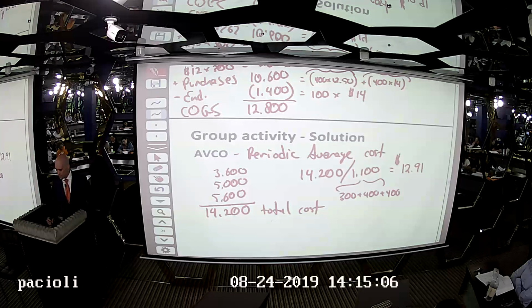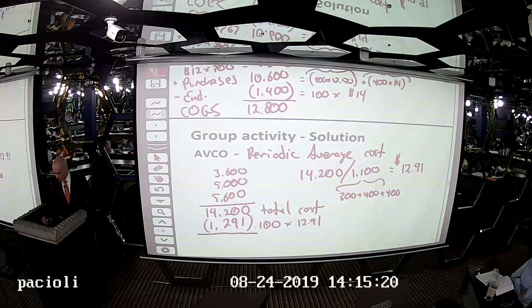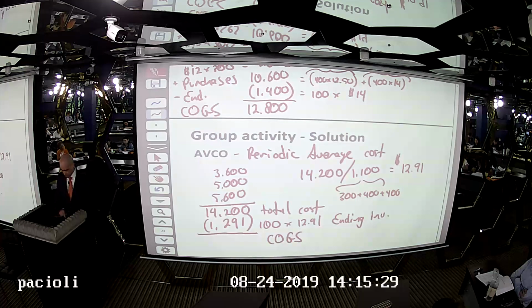So the ending inventory is 100. The average cost is 12.91. So total cost less the ending inventory gives us cost of goods sold of 12,910.